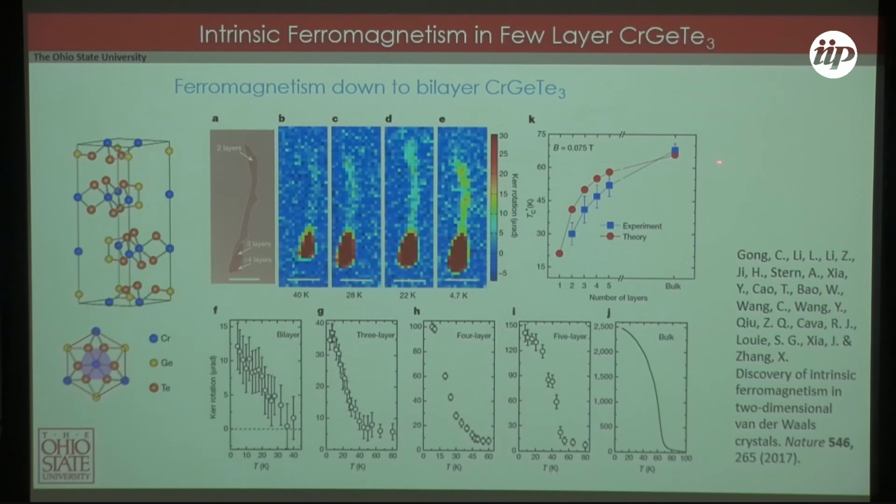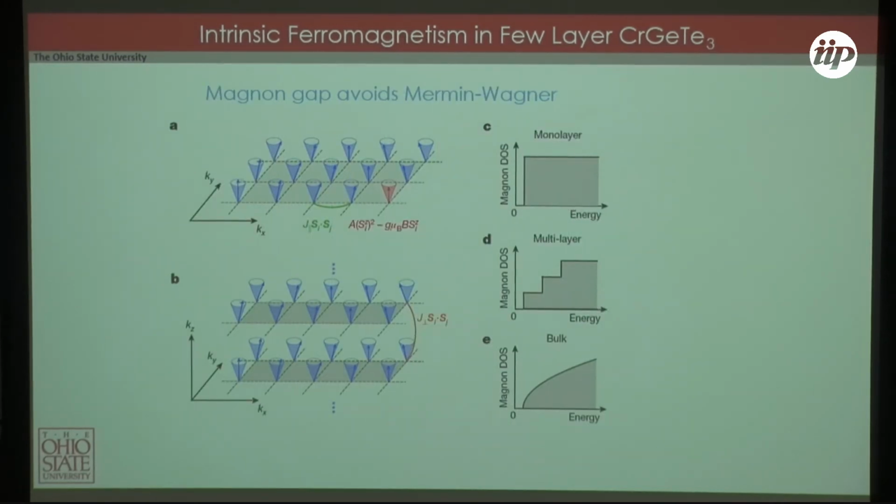And then they also developed a theory about how the Curie temperature should change as a function of thickness. What's going into this theory is actually the magnons. They talk about the magnons in the monolayer, multilayer, and bulk. The magnon distributions are different, and this claims there's a gap.